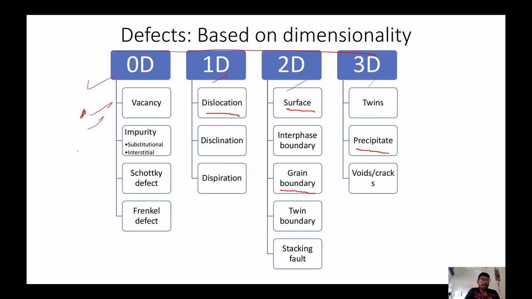Another is impurity. Whatever crystal you have, other than the atoms of that crystal, there are some other elements, like in silicon there are oxygen, hydrogen, boron, aluminium, any foreign elements. These may be substitutional or interstitial.